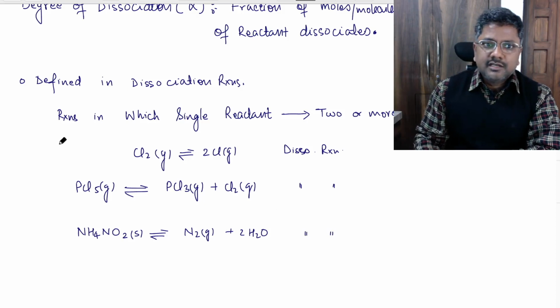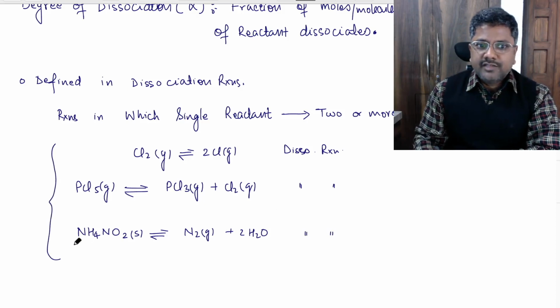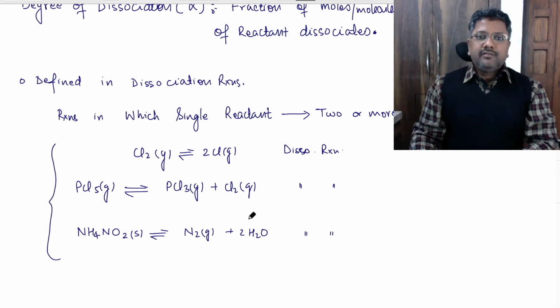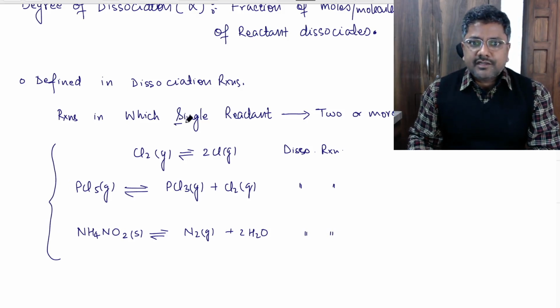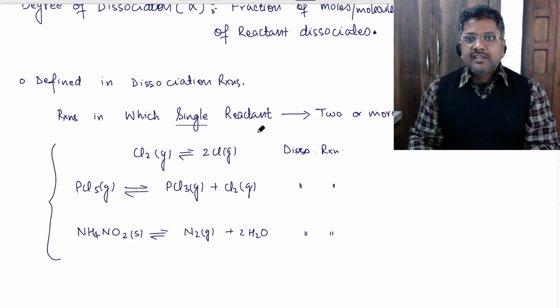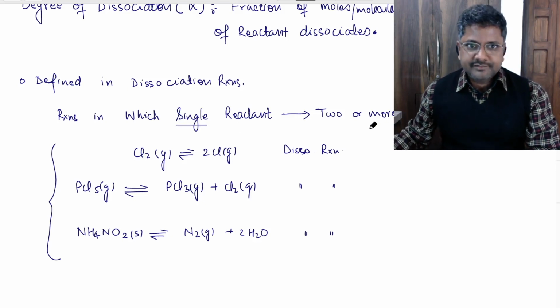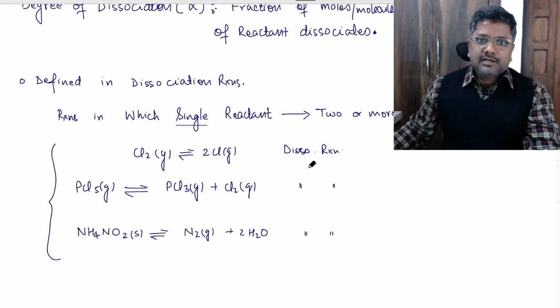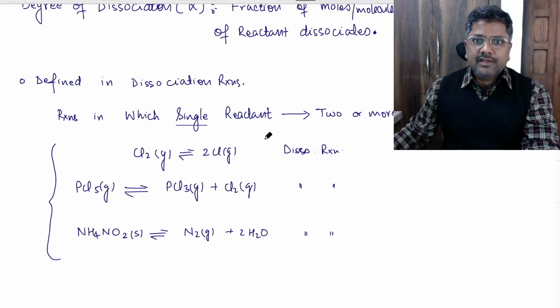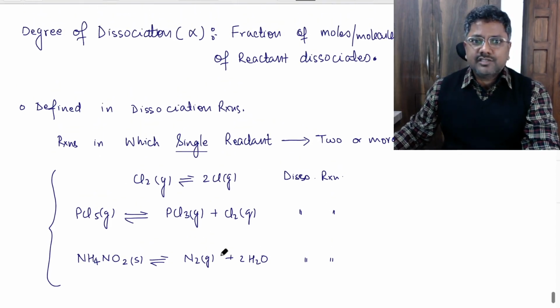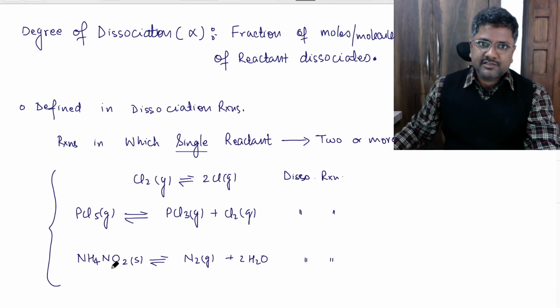So these are certain examples of dissociation reactions, in which a single reactant, this is the criterion, is converted into two or more products. So we can calculate alpha, the degree of dissociation, for Cl2, for PCl5, for this ammonium nitrite, etc. All these are dissociation reactions.